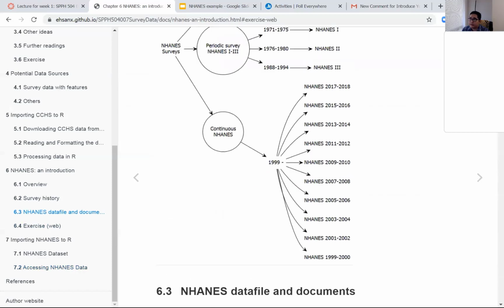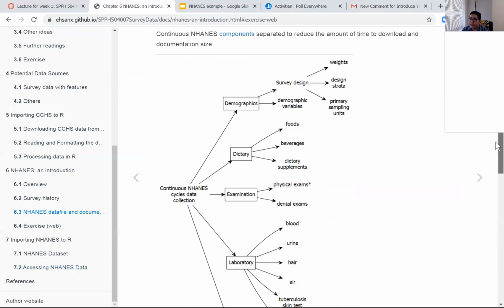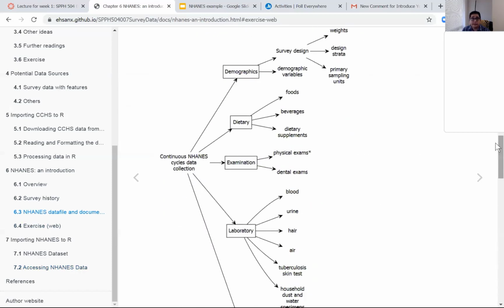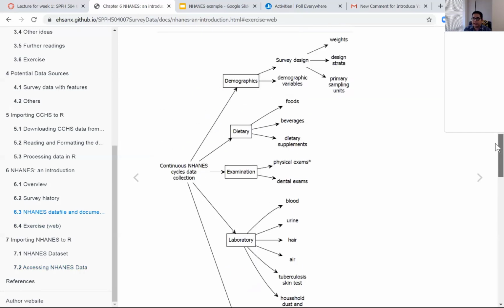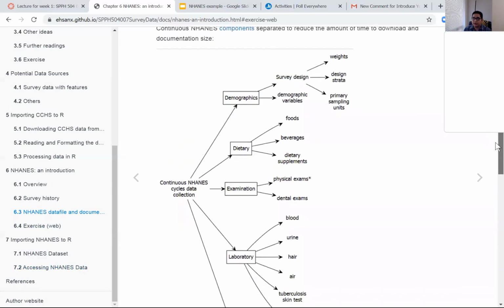But to give you a very brief idea, in the CCHS data, when you download the data, there is nothing to merge or append or anything, because that is your entire data set, right? That is your CCHS data, one data. But since there are so many questions in the enhanced data set, and there are so many people being sampled in the enhanced data, they do not have all of the data in one data set.